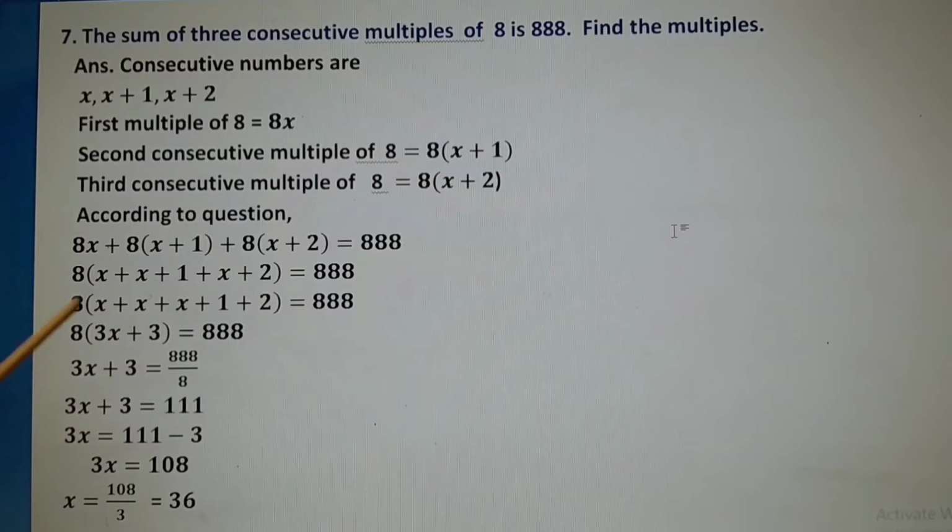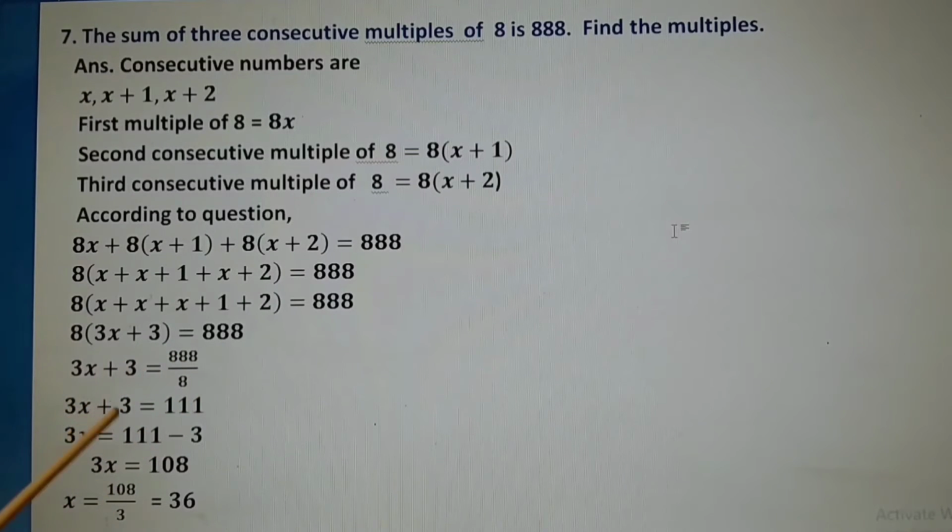That is 8 into 3x plus 3 equals 888. On the left side of the equal sign there is multiplication, so on the right side it becomes division. That is 3x plus 3 is equal to 888 by 8. 3x plus 3 is equal to 111.